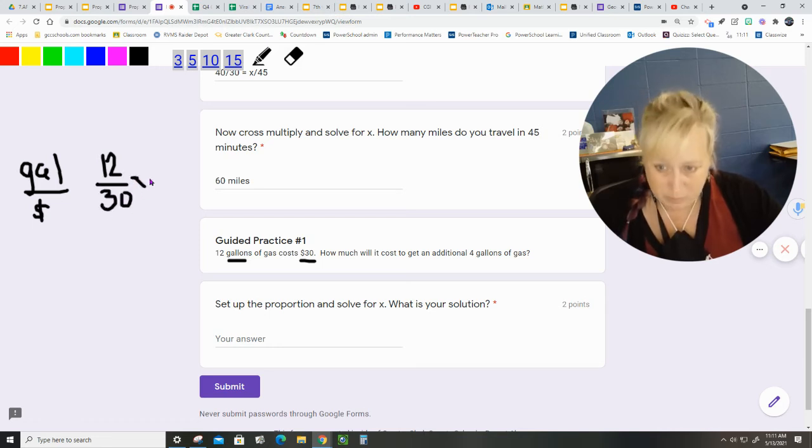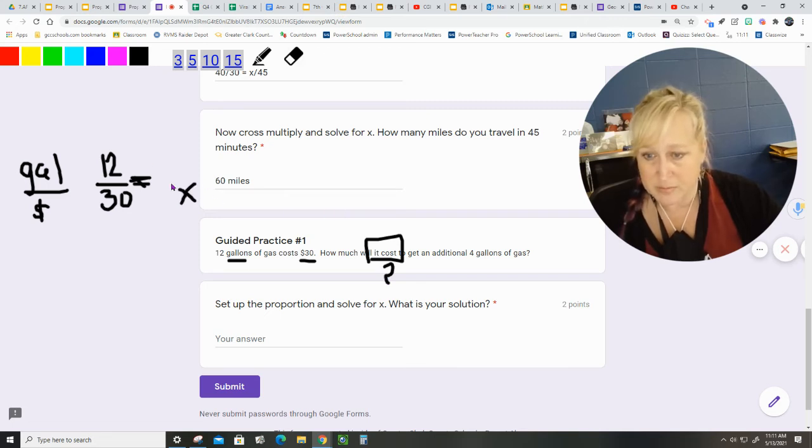What is it wanting to know? It's wanting to know cost. So that is on the bottom. And 4 gallons goes with gallons across the top. So notice across the top, these are all gallons, 12 gallons, 4 gallons. Across the bottom is all the dollars.